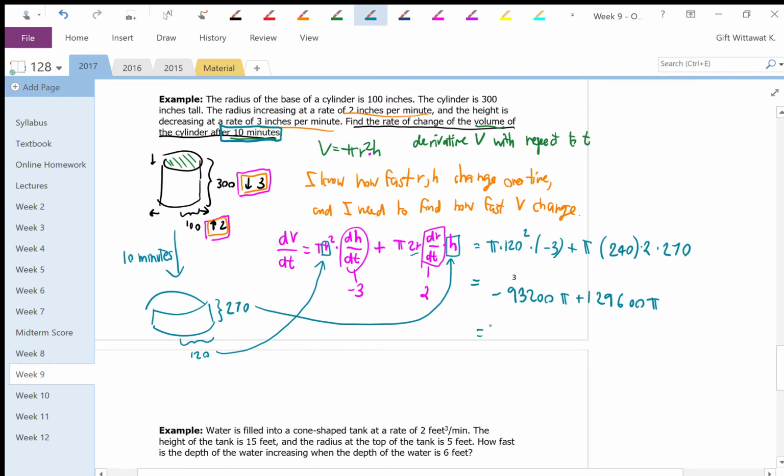So that's going to be 86,400 pi. The unit is going to be inches cubed per minute. So that means at 10 minutes, the volume of this guy is changing by this many cubic inches per minute. So that means in 10 minutes, it's actually still going to get bigger.